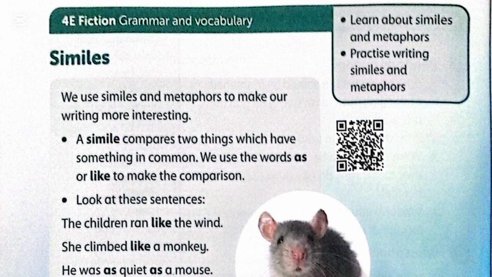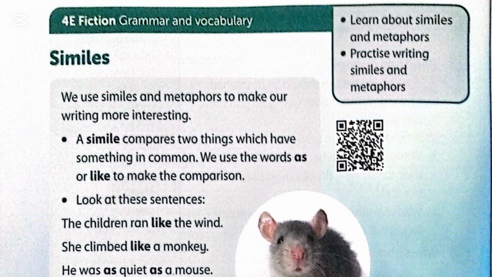Here the wind moves quickly and this helps the reader imagine just how fast the children were running. Second, she climbed like a monkey. It means she was climbing quickly and easily just like a monkey who is very good at climbing trees or rope. So here we make a comparison between the action that she is doing. That action is similar to the action of a monkey.